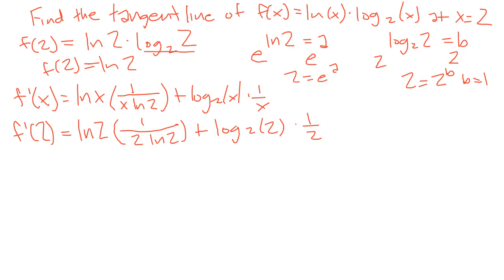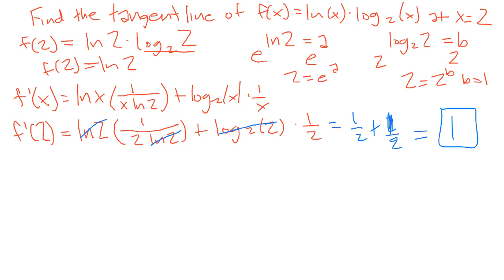We can see that we have a natural log of 2 here, as well as one in the denominator right next to it. And then we also said earlier that this log base 2 of 2 is going to cancel out to 1. So therefore, we can say this equals 1/2 plus 1/2 equals 1.